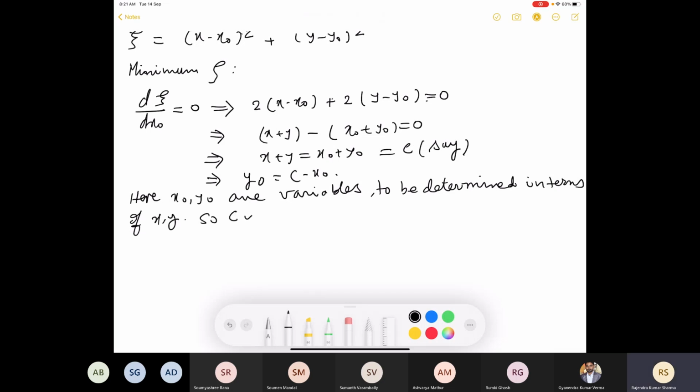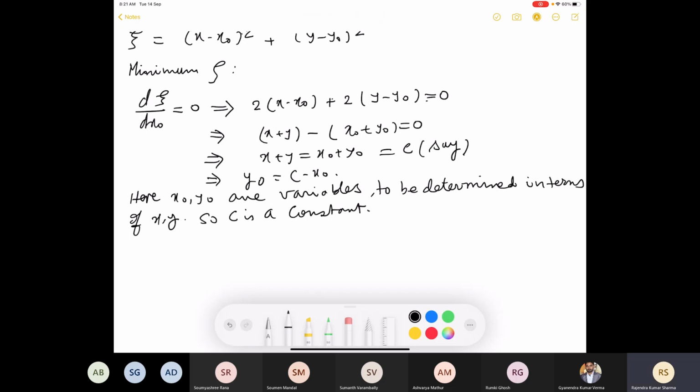So c is a constant. V is a given vector. X and y are also constants. X naught, y naught are variables.